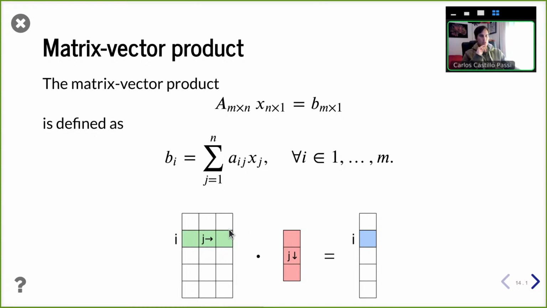Okay, so for each row, you need to do the inner product with this vector. The first one, inner product with this one, gives you the first element of the result. The second one with this, the second one. You do the same for each row, and the last one gives you the last component of this vector.